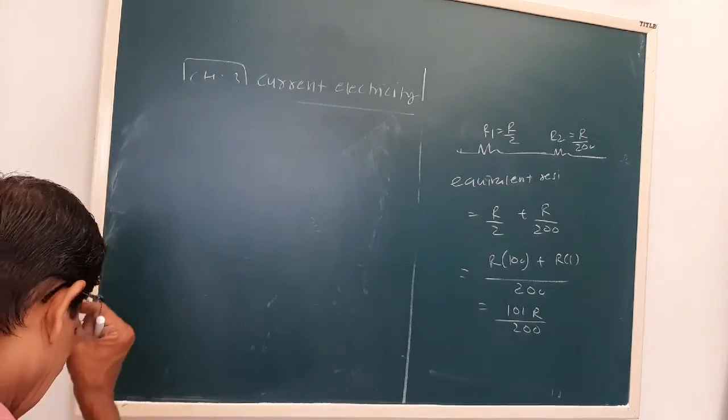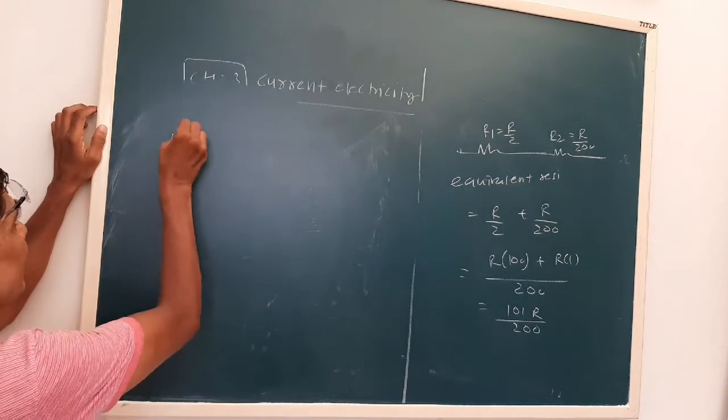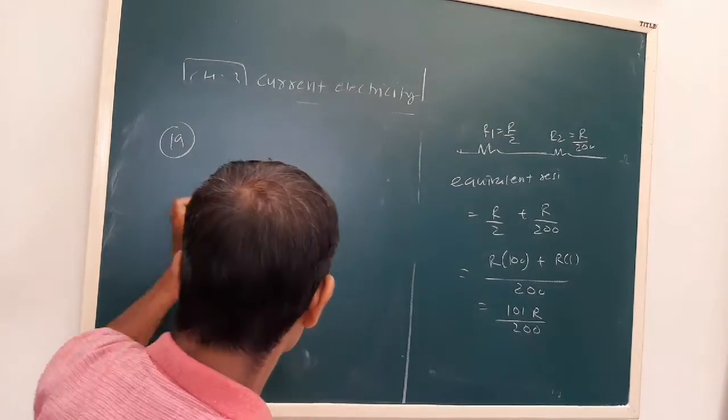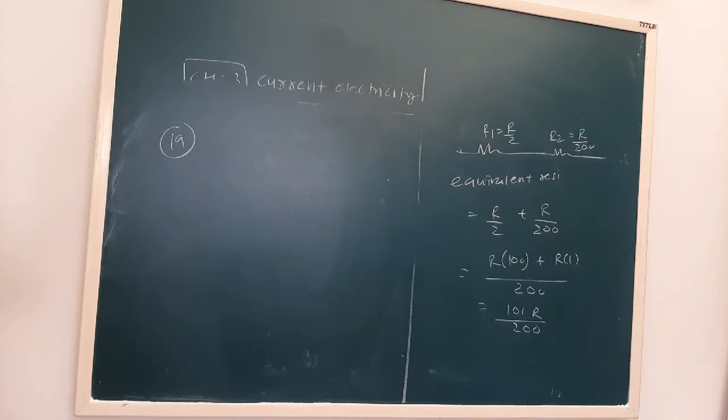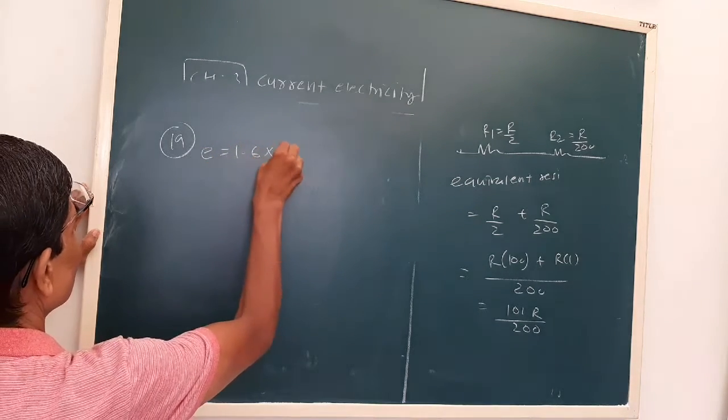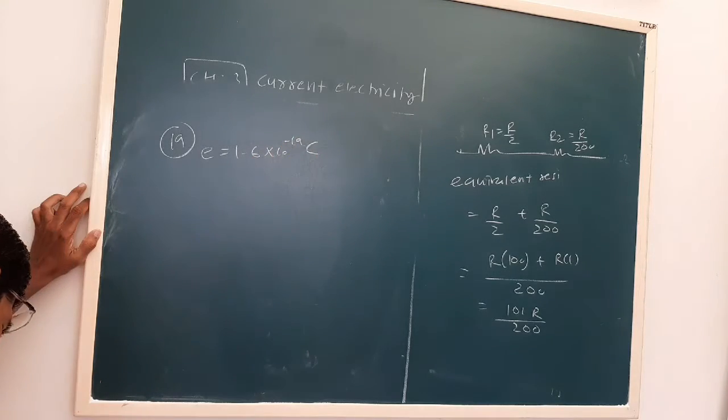Now see, next MCQ is number 19. See, what is the time taken by an electron to move? Electron charge is 1.6 into 10 to the minus 19 coulomb.